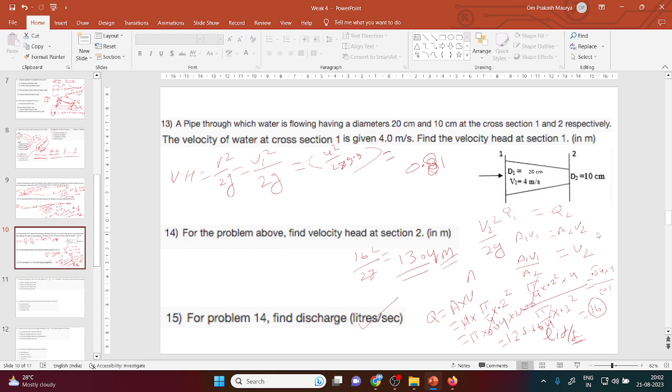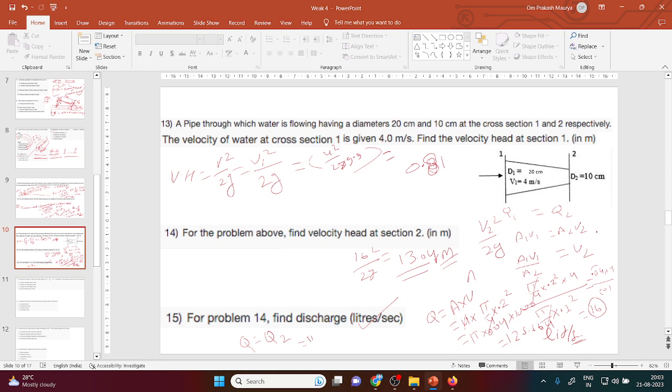For question number 14, the discharge at both locations will be the same. Don't forget the concept of conservation of mass. Yeah, I got it. If there is maybe some calculation mistake, let me check again.